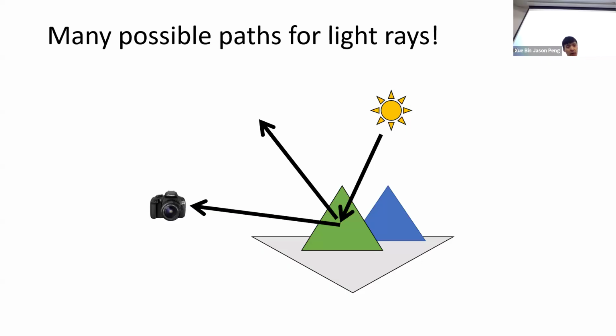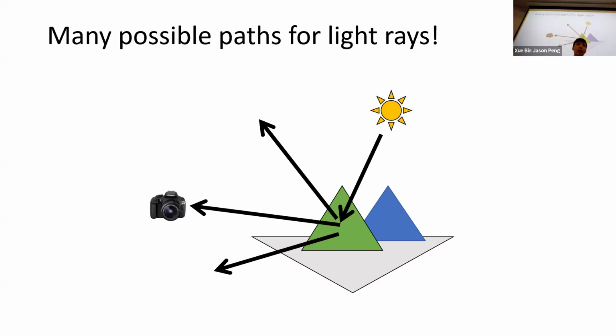Okay, but for now, for some representation of the shapes in the scene, we can simulate how light is going to reflect off of the surfaces. Some of the light is going to reflect in the direction of the camera, but most of the light that bounces off of surfaces in the scene might be reflected in completely random directions that completely miss the camera. So one of the drawbacks with this naive direct simulation of light is that we can waste a lot of light rays that are never captured by the camera.